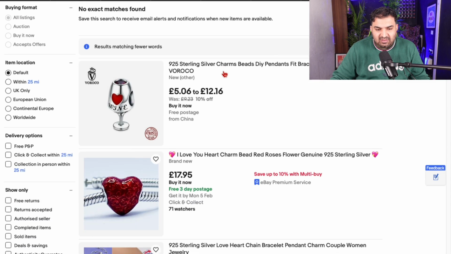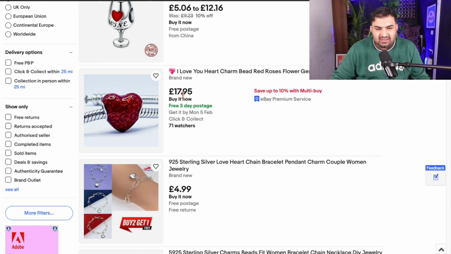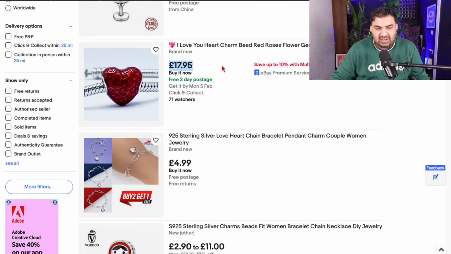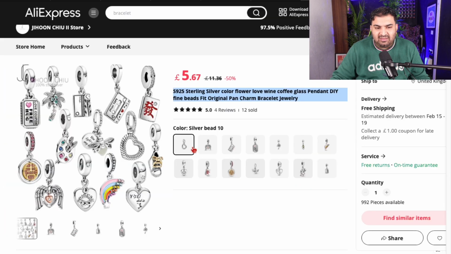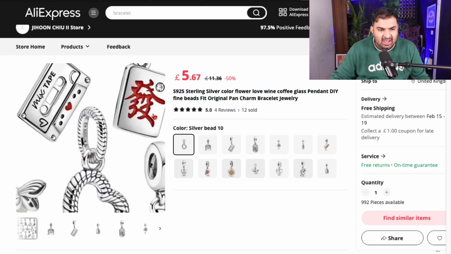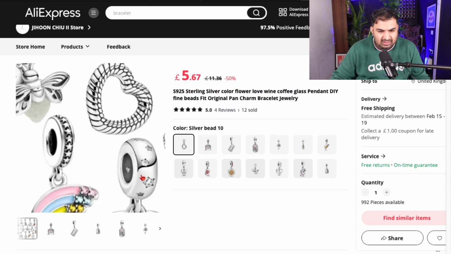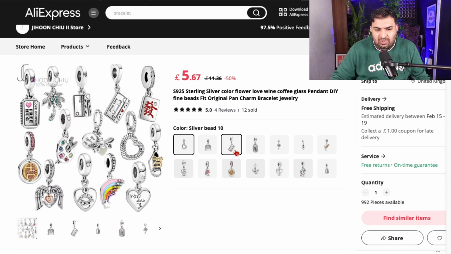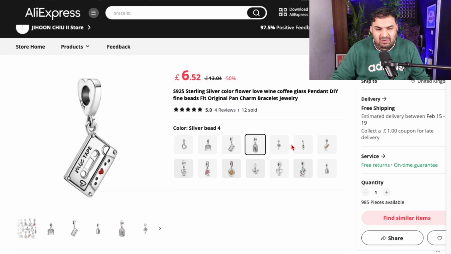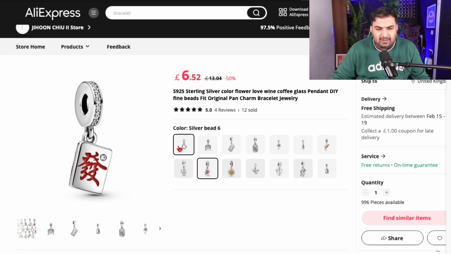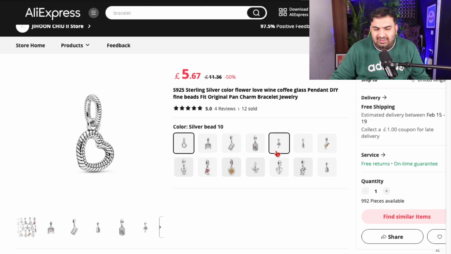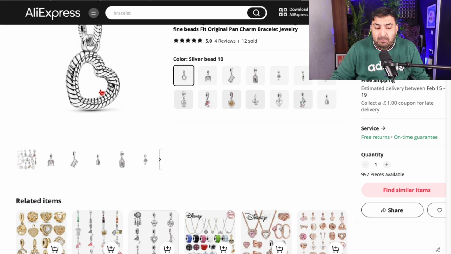You can see right from the start, this one is even £17, but there are many different types of necklace. I mean, these look really cheap to me, to be honest with you. There are many different types right here. You can see this one, this one, this one. This might be the product which will be worth selling.